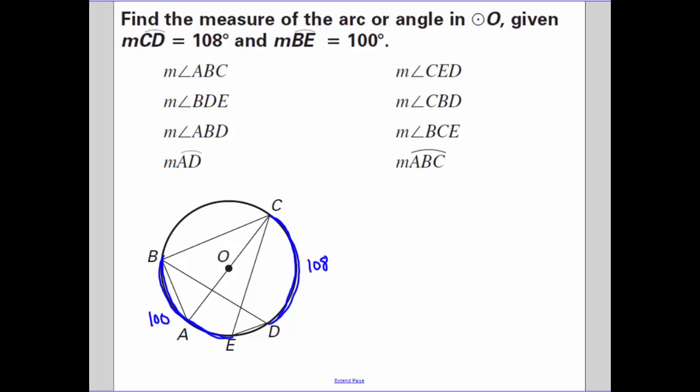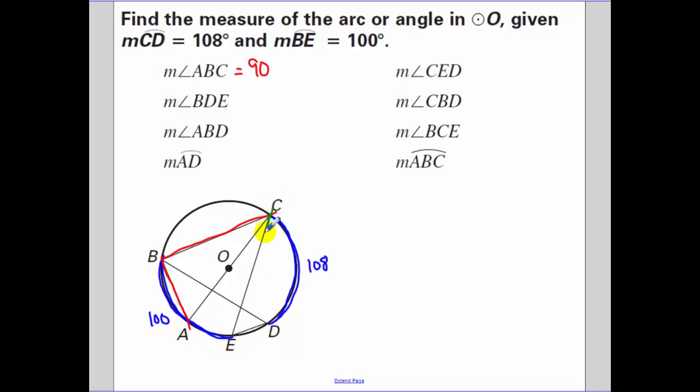Okay, so let's look at what we got here. We need to find the measure of angle ABC. Well, they tell me that this is circle O, so therefore AC is a diameter, so therefore ABC is equal to 90 degrees.